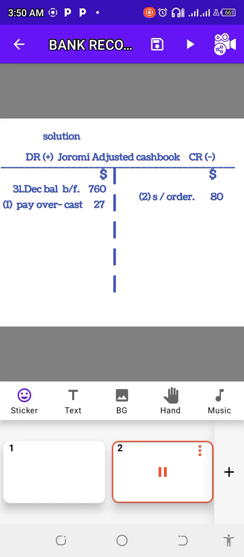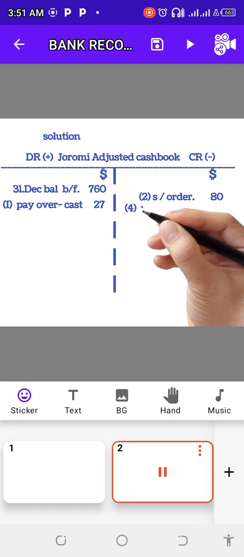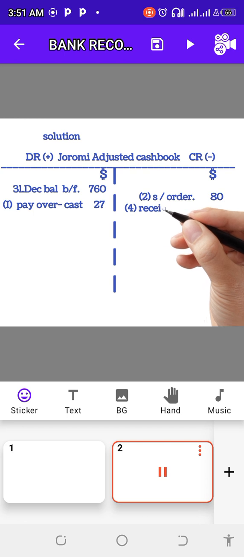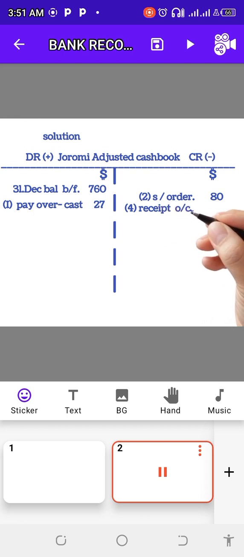But the cashier mistakenly wrote 240. So the check received was overcast by the difference between 228 and 240, which is 12. Since receipt had been overcast, to reduce it, we post it to the credit side of the cash book: $12.